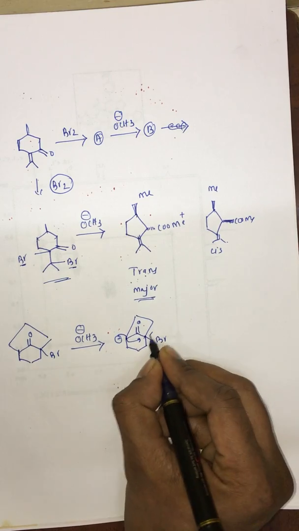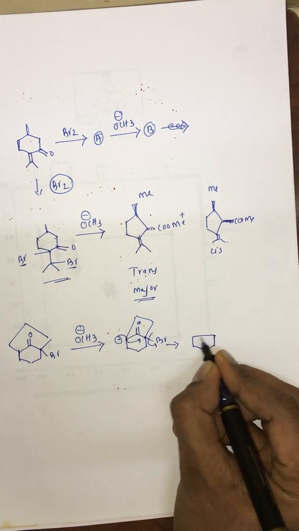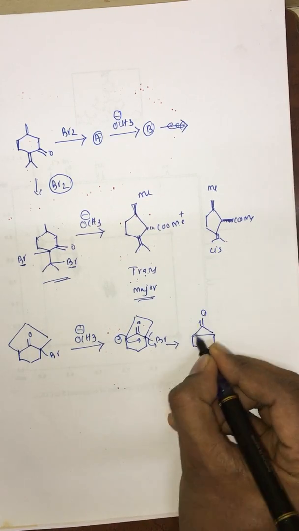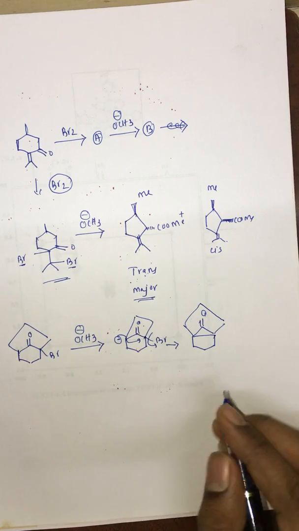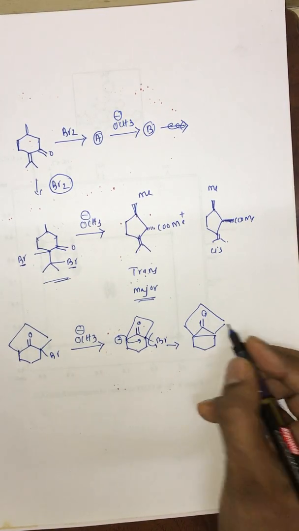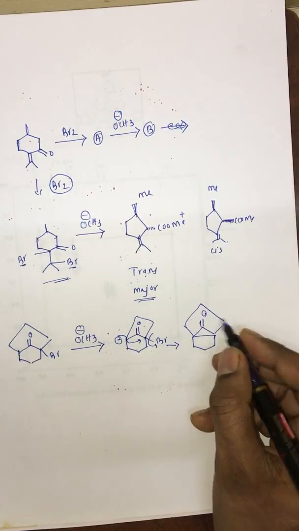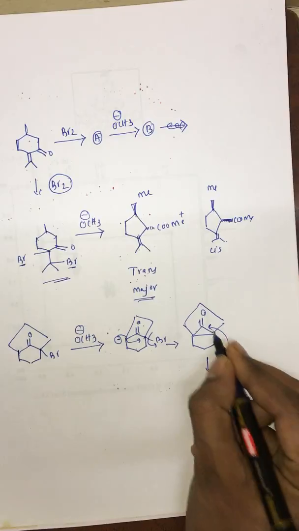The negative charge goes like this, it came like this. Now we have a cyclopropane formed. So now this will open. It can open on either side because it's symmetric. Okay, before that OR minus goes and attacks here.